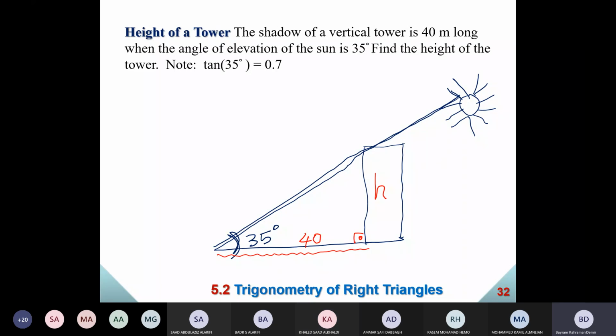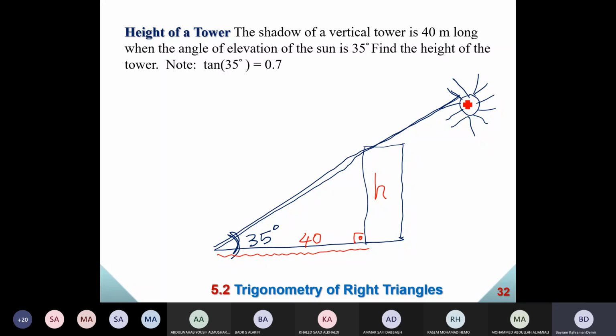Eyvah. Okay. Doctor. I think it's 28. 28? Okay. Doctor. Yes, please. What happens if it's the angle of depression of the sun? The angle of depression of the sun is going to be like this.